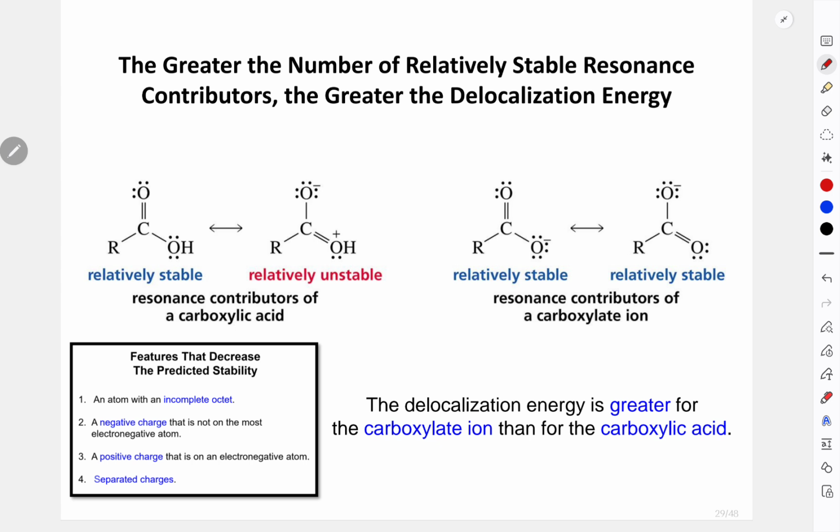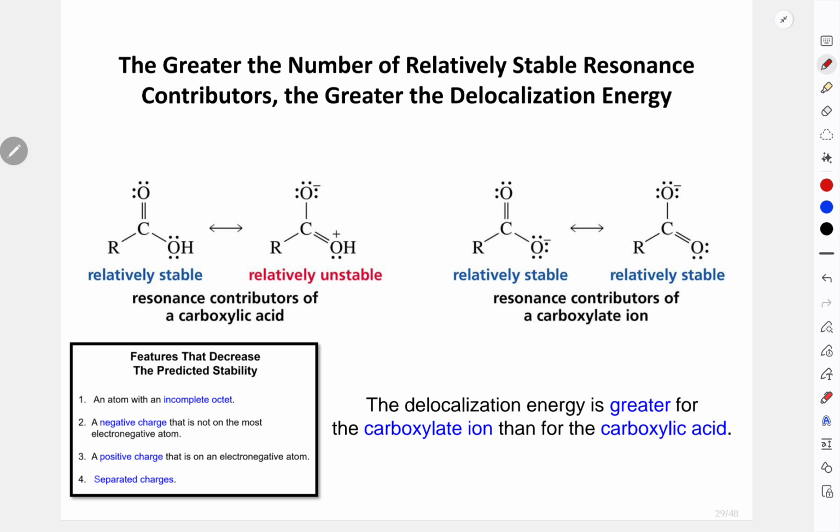What about the right-hand side, the carboxylate? It's a different species. In this case you have equal contribution from contributors 1 and 2, they are basically equal, and both are relatively stable. But again, on the left-hand side you have more stable resonance contributors.